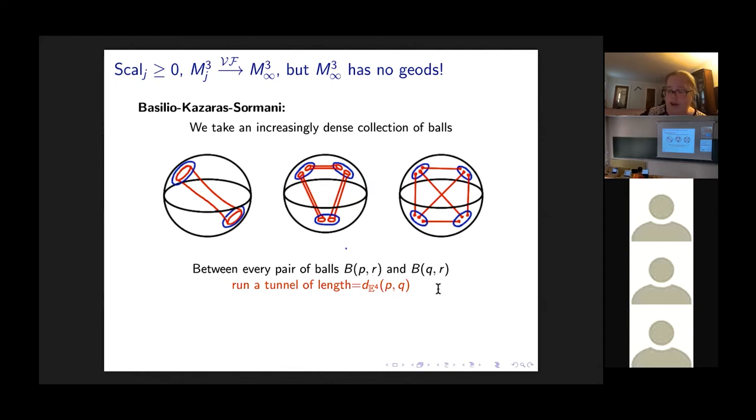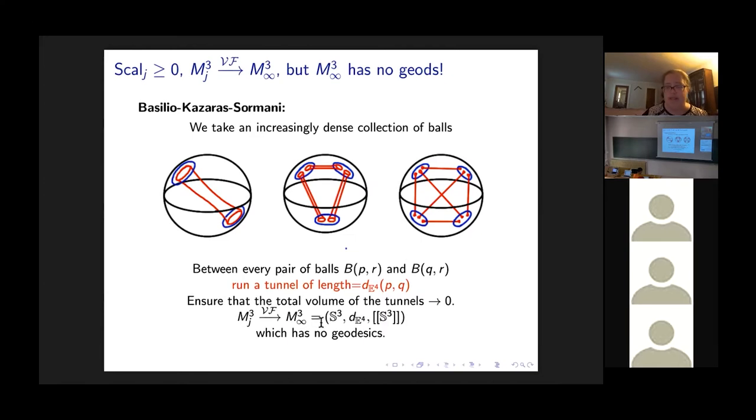However, if you guarantee that the total volume of the tunnels goes to 0, so you have to make the tunnels really, really thin to do this. Again, we're taking advantage of Schwarzschild space having a parabola effect, so we can make it very thin by rescaling. So we ensure the total volume of the tunnels goes to 0, then the tunnels are not contributing to the intrinsic flat limit. And we are able to prove this: we explicitly construct a metric space Z between this and the limit space.